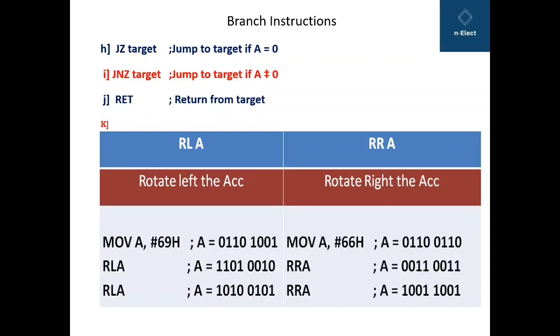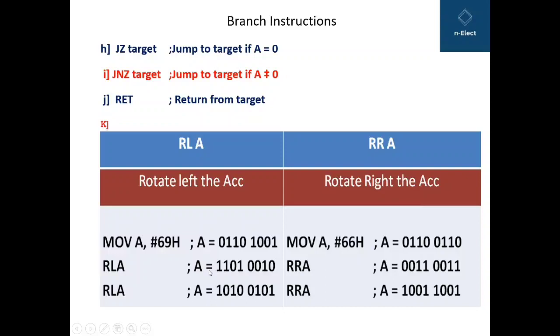So the instruction RLA, which is rotate left the accumulator. So we are moving this data in accumulator towards left. Left means the leftmost bit will be now the rightmost bit, and the rightmost bit will move one position towards left. So the new data which we will get will be 1101 and 001 and this 0.